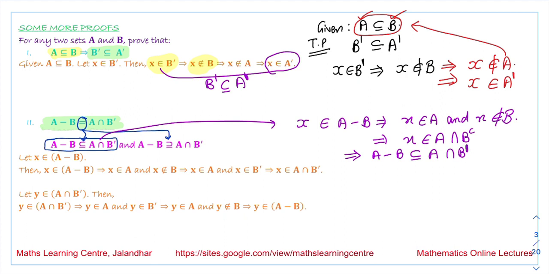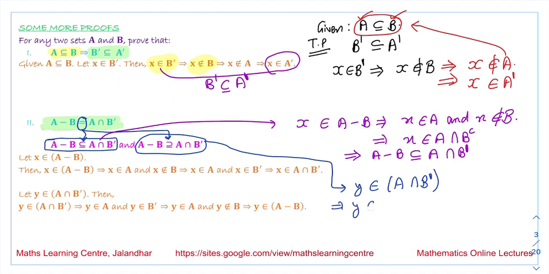Second thing we have to prove is that A intersection B complement is a subset of A minus B. So we consider that an element Y belongs to A intersection B complement. This implies that Y belongs to A and Y belongs to B complement.